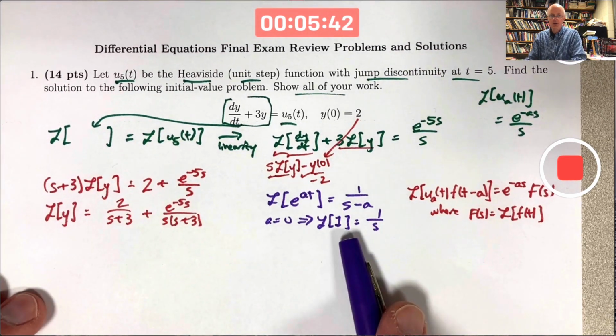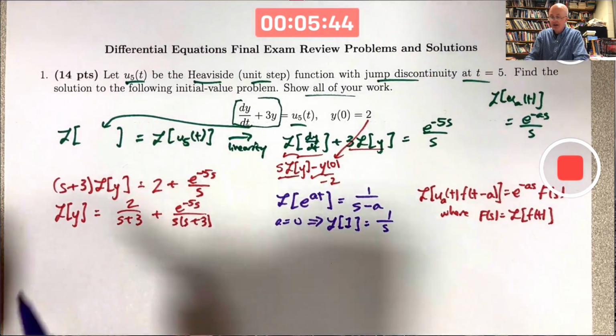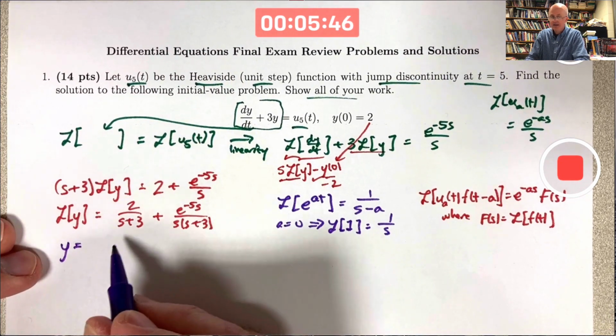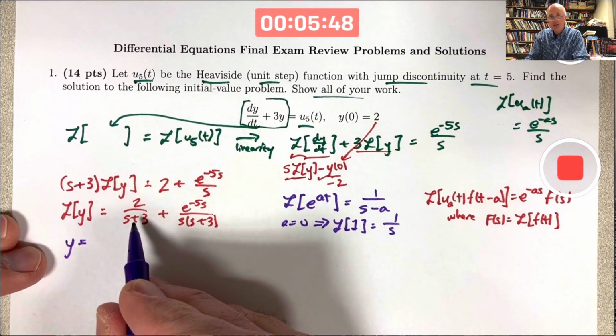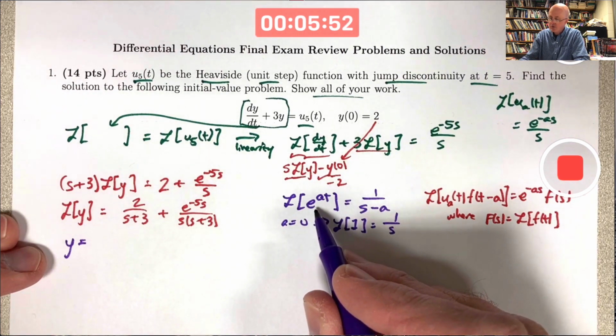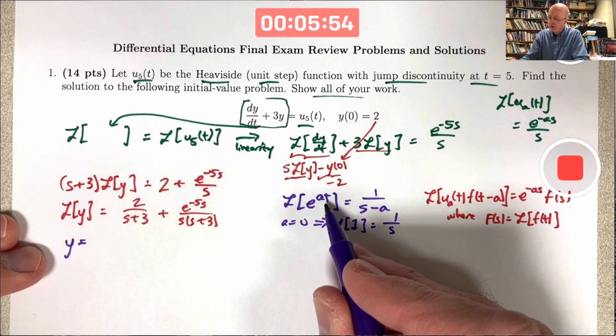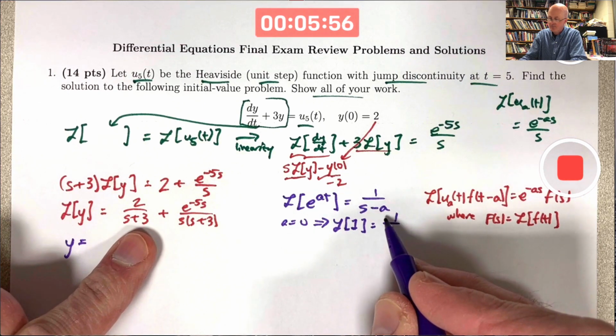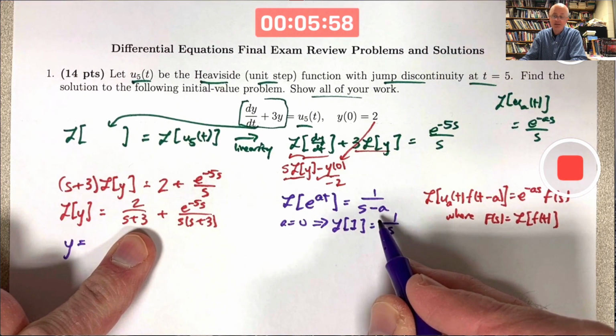We can use this first one, as well as linearity of the inverse Laplace transform, to say that the inverse Laplace transform of 2 over s plus 3 equals 2 times e to the at, where what's a? If you match these up, the a would have to be negative 3.